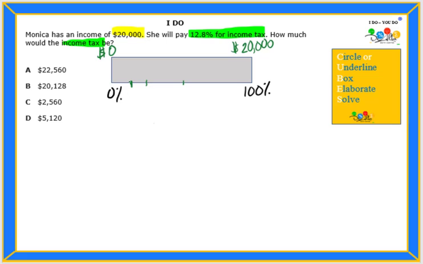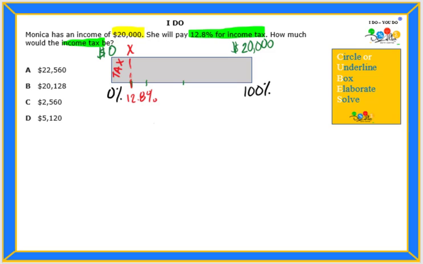So right around here, that would represent about 12.8%. So with this percent bar, we can see that this is the amount of her income that she is going to pay in taxes, income tax.